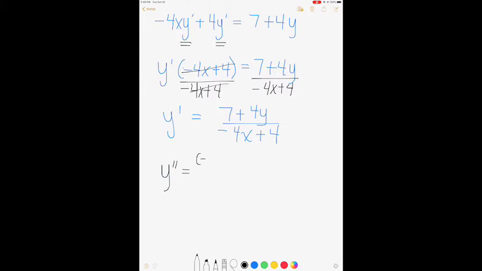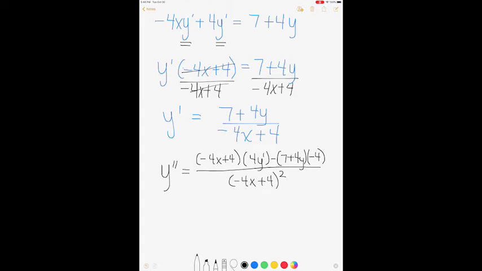So we're going to do the bottom times the derivative of the top, which would be 0 plus 4y prime, minus the top times the derivative of the bottom, which would be negative 4. This will be all over the bottom squared.